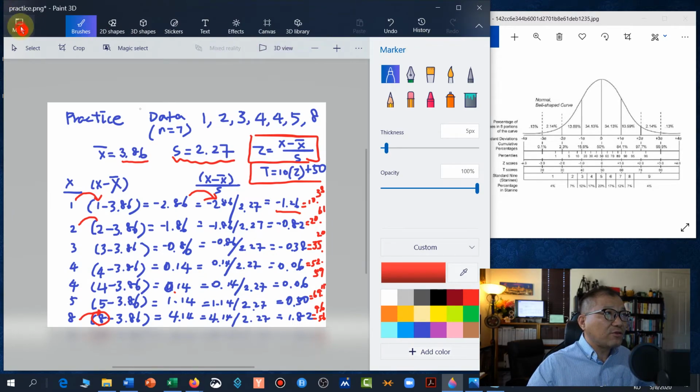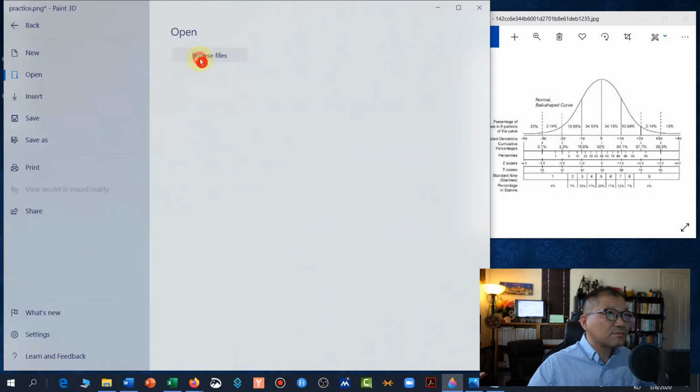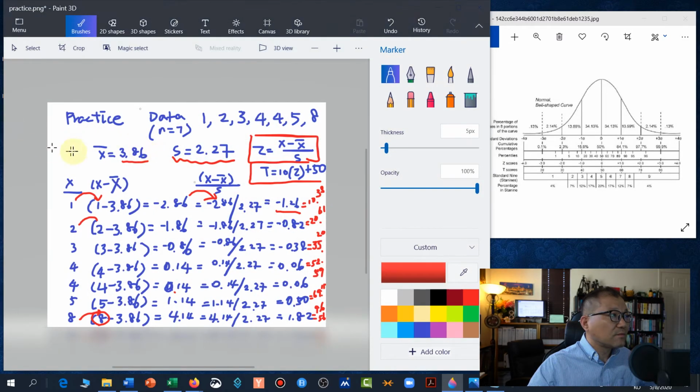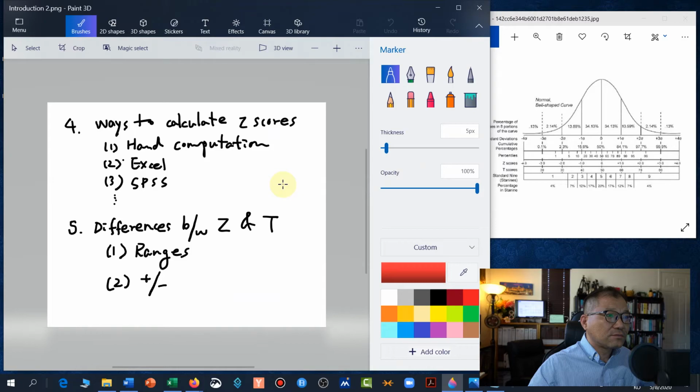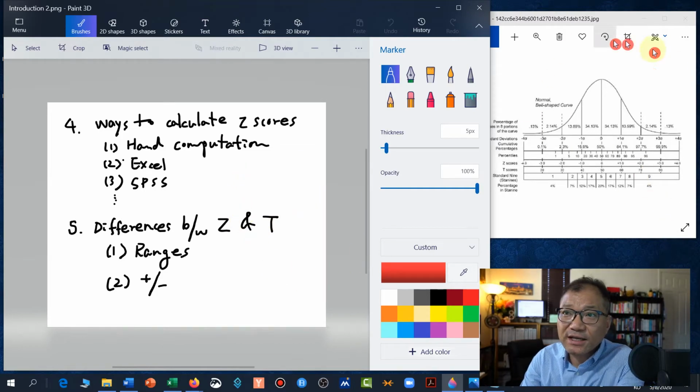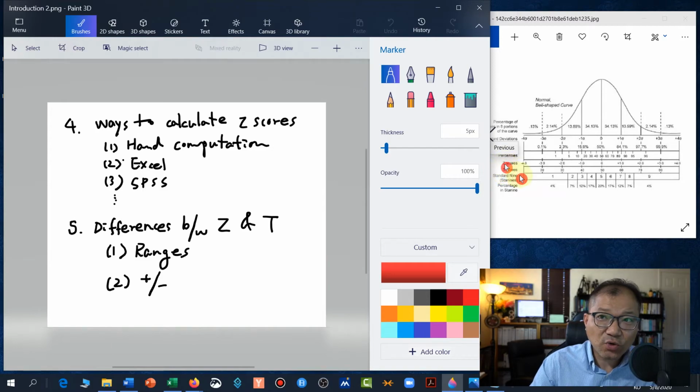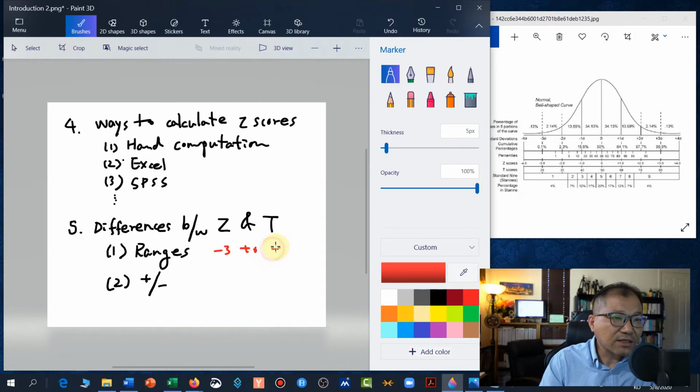So let's go back to the introduction. Number 5, differences between T and Z scores. As you can see on the right side, the Z scores typically range from -3 to +3.